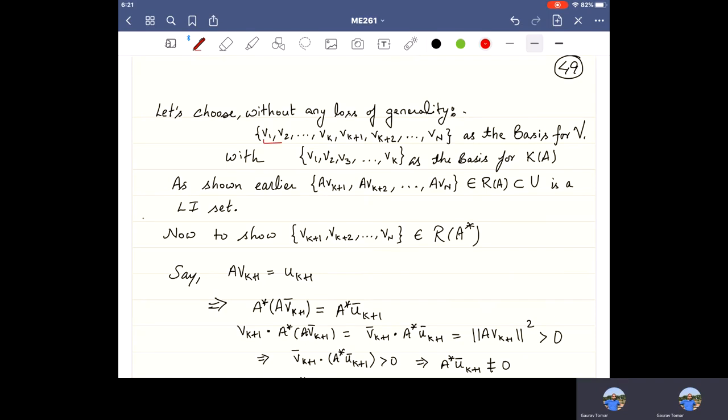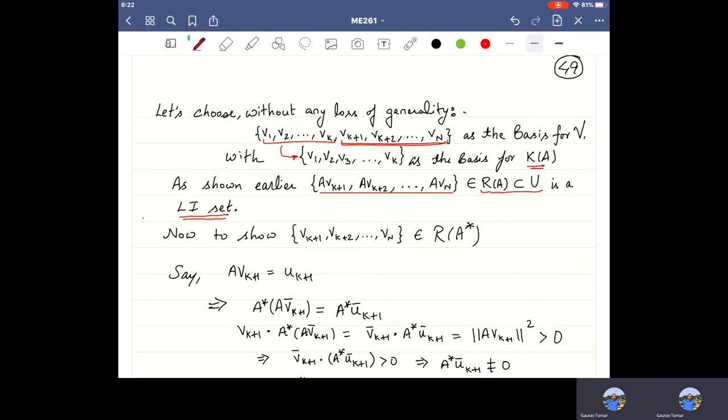We pick vectors v1 to vk as the basis vectors for the null space, and vectors vk plus 1 to vn as the remaining set of vectors that do not get mapped to 0 of the vector space U. Earlier we had already shown that when you map vk plus 1 to vn, we get the vectors A vk plus 1, A vk plus 2, up to A vn, which belong to the range of A and are linearly independent.